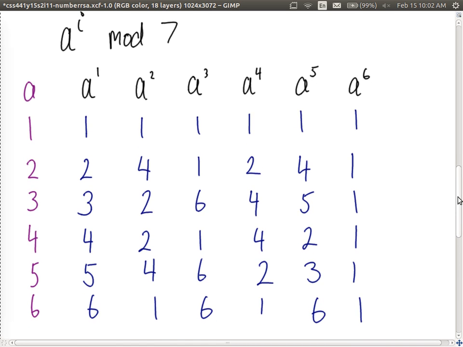That is, with mod 7, with all possible values of A, we raise to the power and then mod by 7.